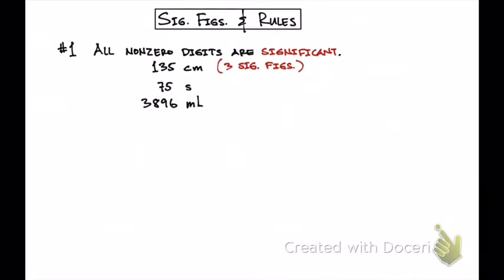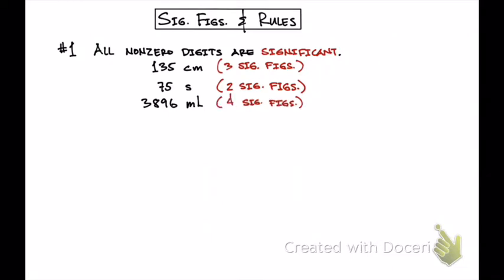Both digits are non-zero digits, and so you would have 2 significant digits for this measurement. And then the last one, 3,896 milliliters, you have 4 digits here, and they're all non-zeros, and so they all count as significant digits. So you have a total of 4 sig figs.